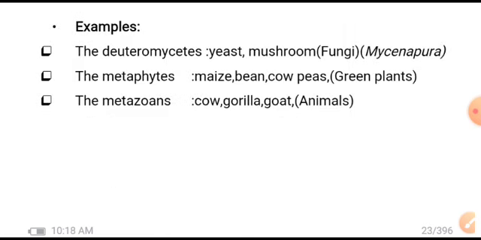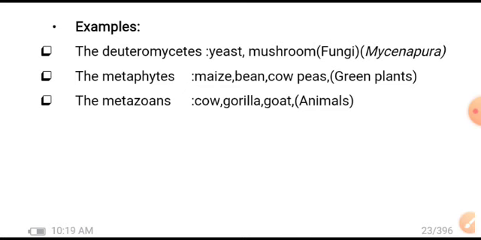Some examples of eukaryotic cells are the deuteromycetes, which comprise yeast, mushrooms, or fungi. There are the metaphytes, where you find maize, beans, peas, and in general green plants.